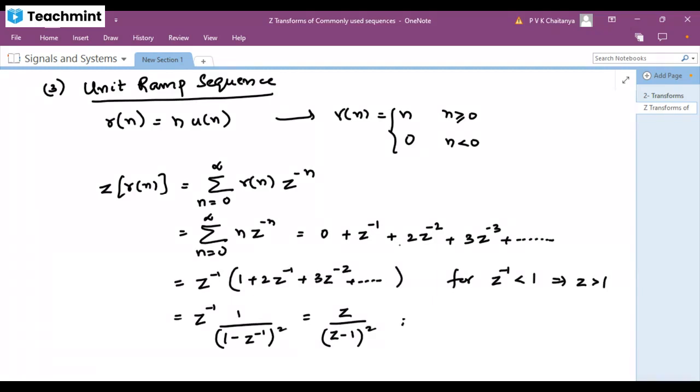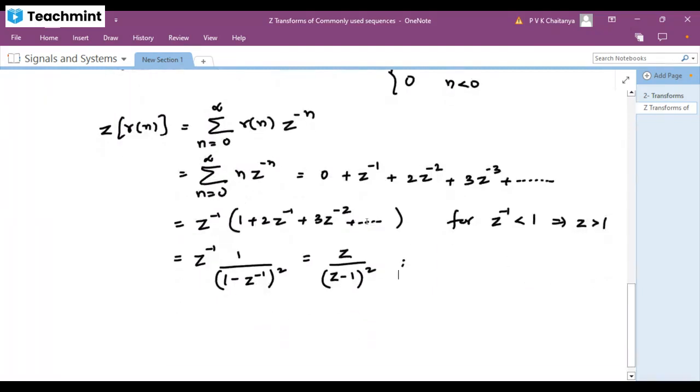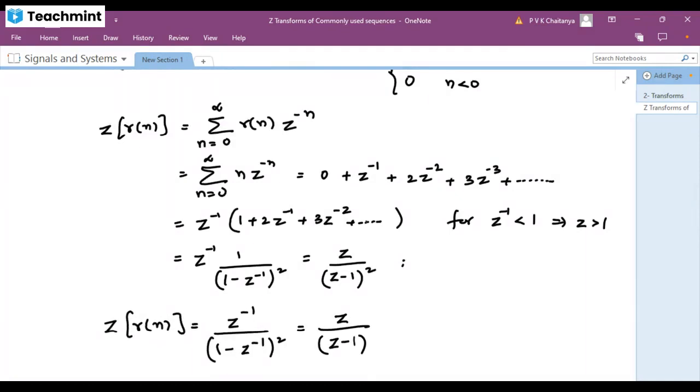Therefore, the Z transform of R of n can be written as Z inverse by 1 minus Z inverse whole square, or Z by Z minus 1 whole square, where ROC is magnitude of Z greater than 1.